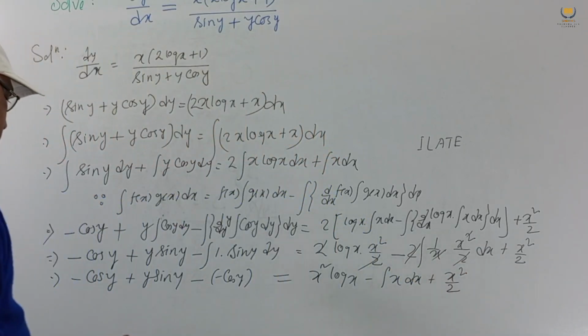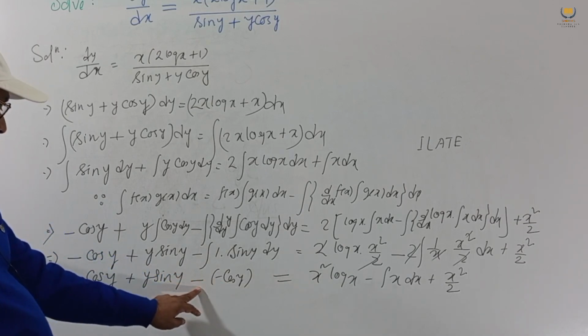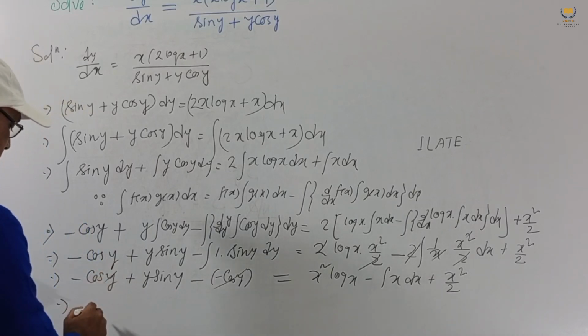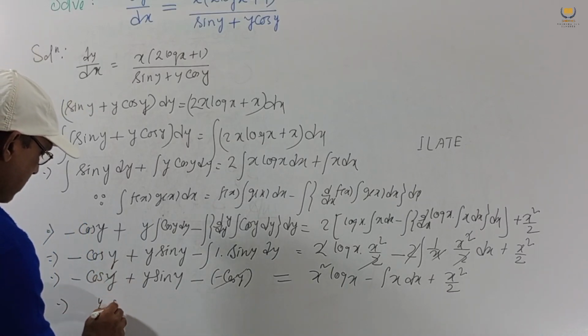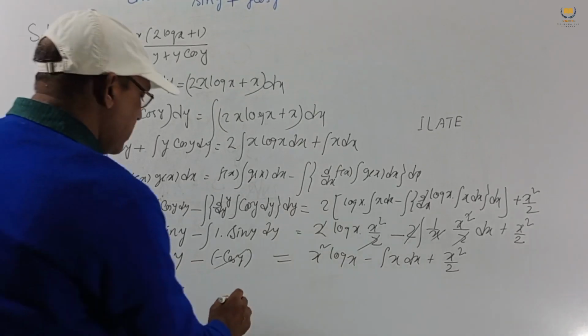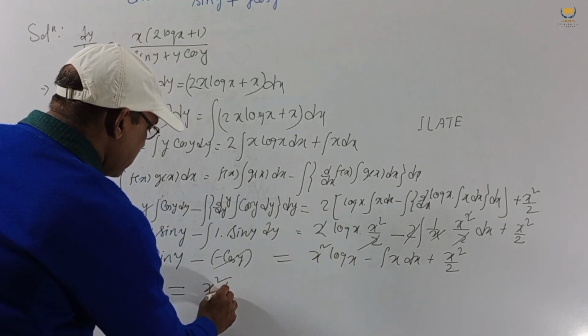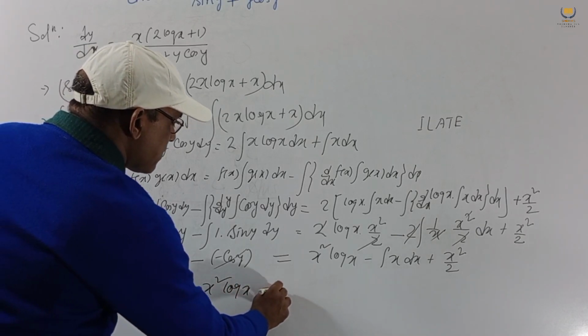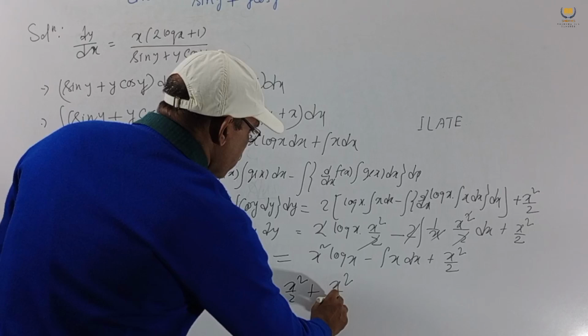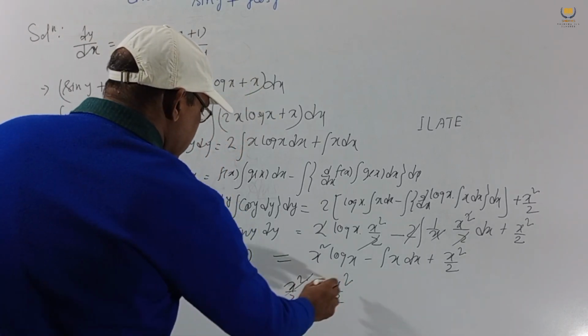We get this. And this will be minus minus plus, plus cos y minus cos y, this will be cancelled, and we get y sin y. This equals x square log x minus x square by 2 plus x square by 2, and this 2 will be cancelled.